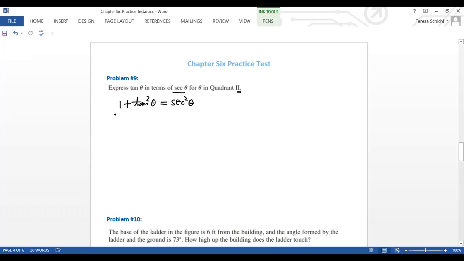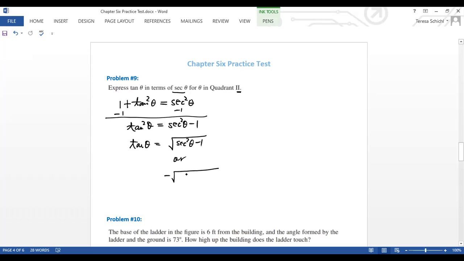Now you just minus 1 on both sides. So you have tangent squared theta is equal to secant squared theta minus 1. Now you take the square root, so tangent theta is equal to the square root of secant squared theta minus 1, or negative square root of secant squared theta minus 1.